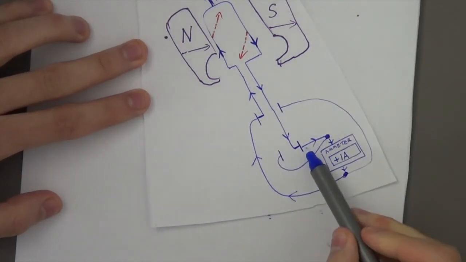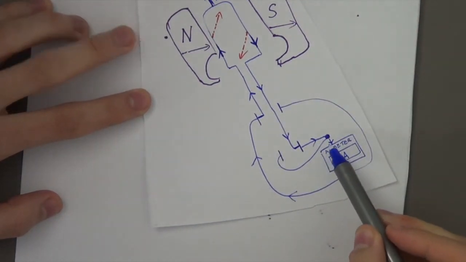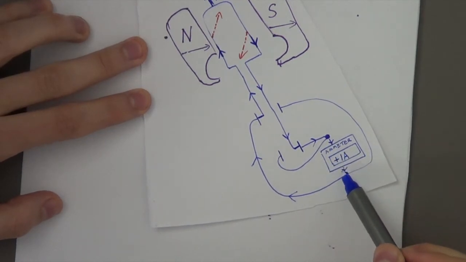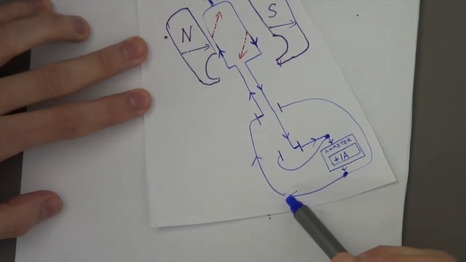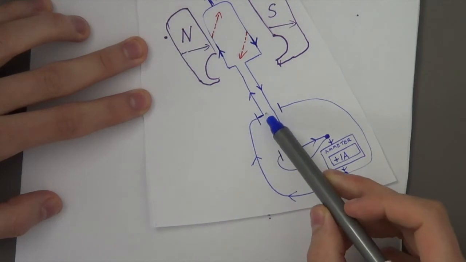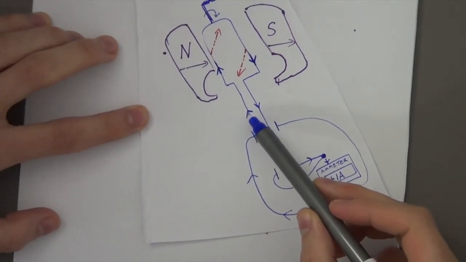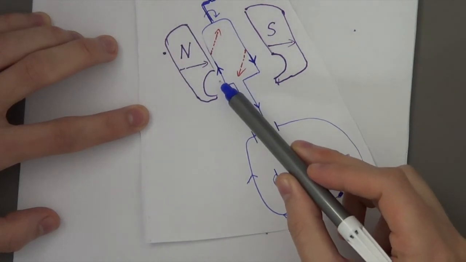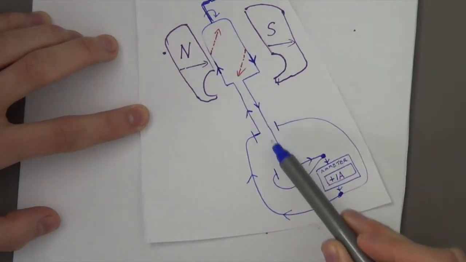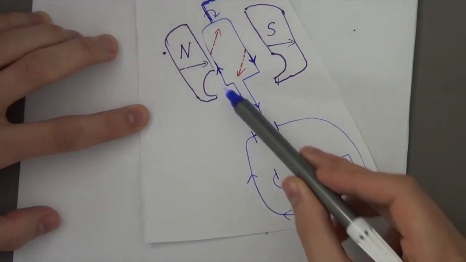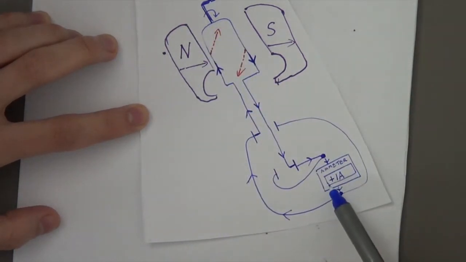Now this is connected to one end of the ammeter, and then it passes through the ammeter and goes around, completes the circuit, and for a split second, or just a few seconds, we've got a complete circuit of current. So it goes around like that, and like that, and the ammeter reads +1 amps.